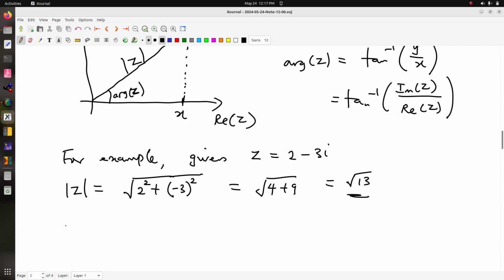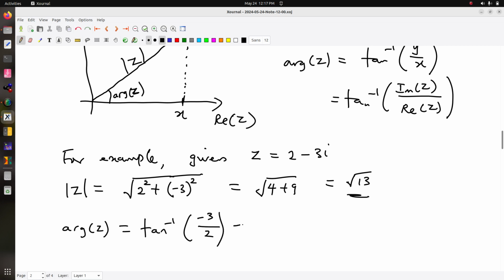What about the argument of the complex number? The argument, we said, is arctan of the imaginary part divided by the real part. The imaginary part here is minus 3, and the real part here is 2.